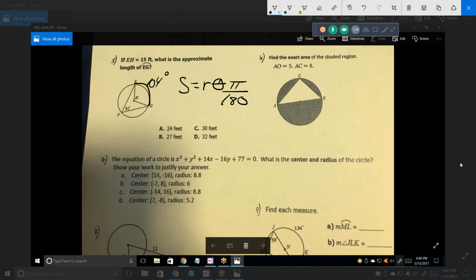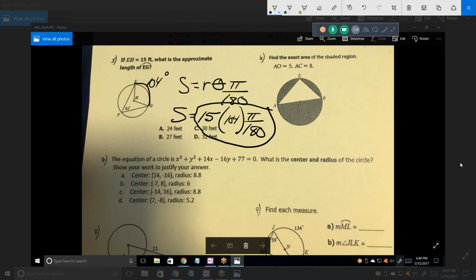But it's hard to beat just plugging in. R is 15. That's EH. Theta is H, which is 104 degrees, times pi over 180.